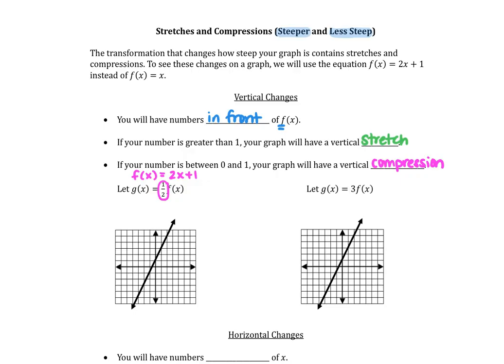So what this is telling me is that not only is my slope going to change, but so is my y-intercept, okay? Now, because this appears in front of my f, it is a vertical change. Because it is 1/2, which is between 0 and 1, it is a compression.